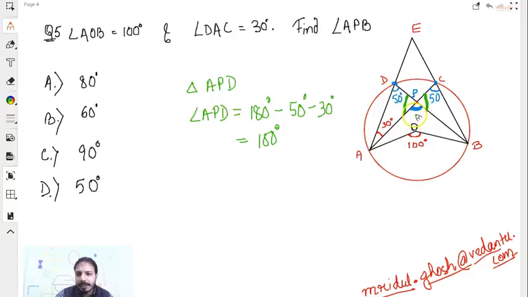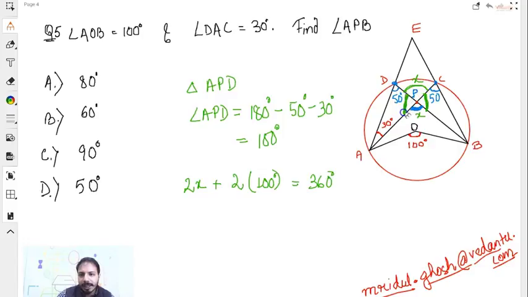Say this APB is X. If this is X, this angle is also X, right? And this is a complete angle. So I know that 2 times X plus 2 times 100 degrees is equal to 360 degrees.